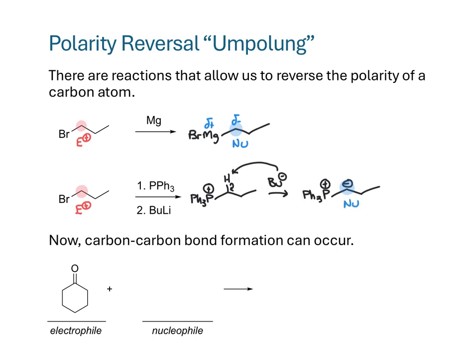Now going back to the reaction we saw on the previous slide, we have our carbonyl, which is an electrophile. Then we can use either one of these nucleophiles to form the carbon-carbon bond. I'll just use the Grignard reagent. So now that we have that negatively charged or partially negative carbon, and we have an electrophile, we can do the carbon-carbon bond formation.